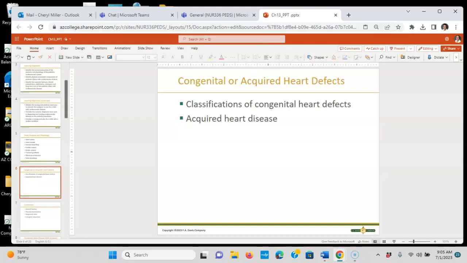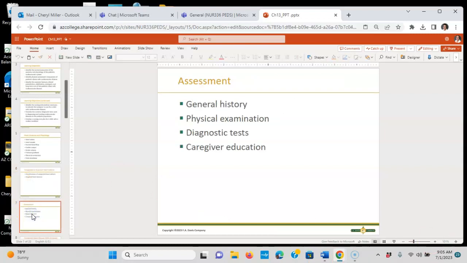Decreased pulmonary blood flow. So tetralogy of Fallot. I just say it as tetralogy of flow, and that helps me remember what's going on. So the blood is going backwards in the heart, so the flow of blood is not working well, so it backflows into the heart. Tricuspid atresia, so the tricuspid valve is closed. Okay.